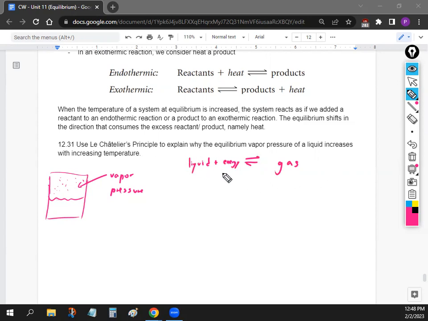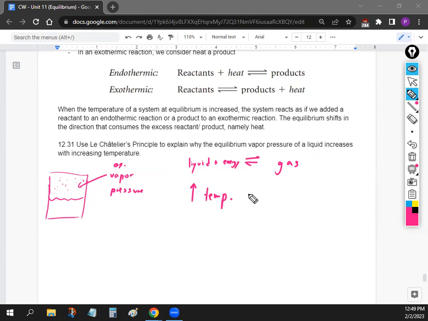Basically what happens is if it's at equilibrium, you've got some equilibrium vapor pressure. And now we're going to increase the temperature. If we increase the temperature of the system, it's almost like we're adding more reactant, right? We're adding more energy into the system.